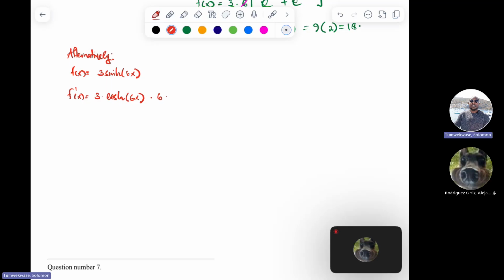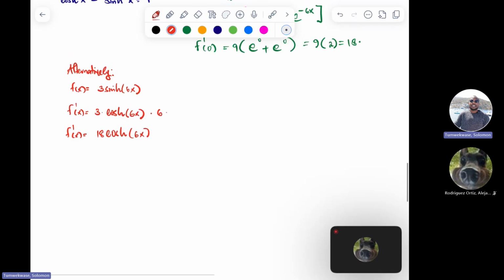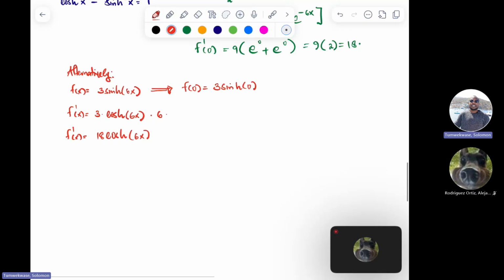The derivative of that angle is just 6, which means this derivative is 18 cosine hyperbolic of 6x. So if I have this as my f of x, then my f of 0 is 3 sine hyperbolic of 0, since 6 times 0 is 0.